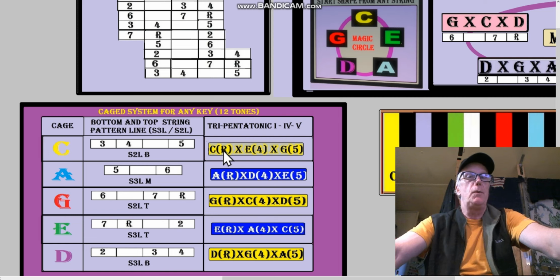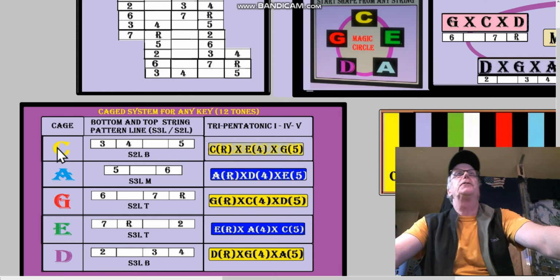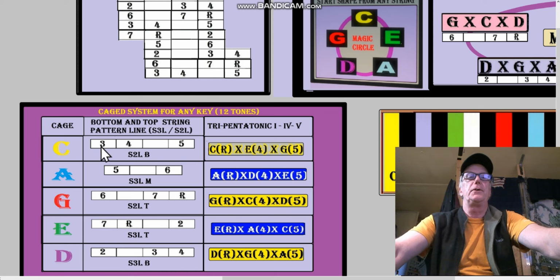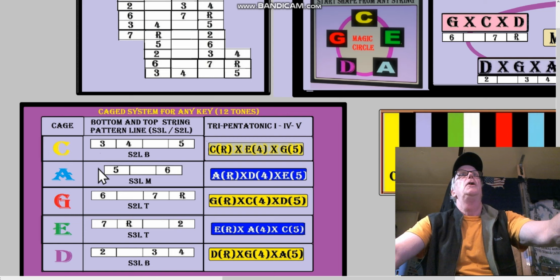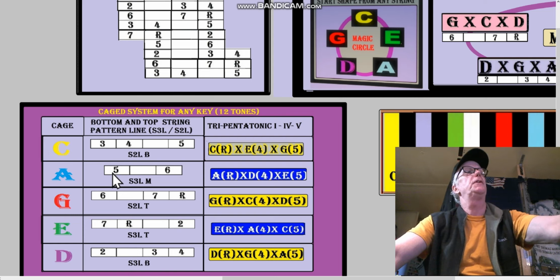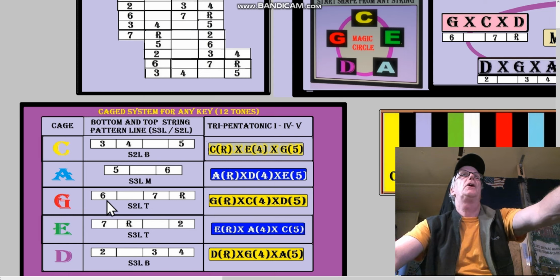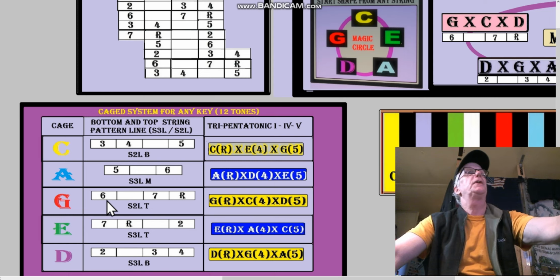Does anybody know why? When you play an open C on your guitar, the E becomes the 3rd of C. When you play an open A, the E becomes the 5th of A. When you play a G, the E becomes the 6th of G. Let's do the D: on a D, the E becomes the 2nd.